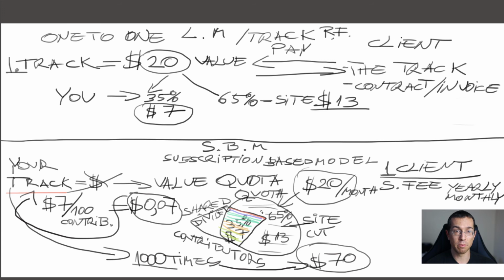In the subscription-based model, we can say it's almost like Spotify, the streaming business. But the big difference is that in this subscription-based model, your tracks are probably also used commercially. So you can imagine a freelancer or somebody using your tracks in commercial projects.